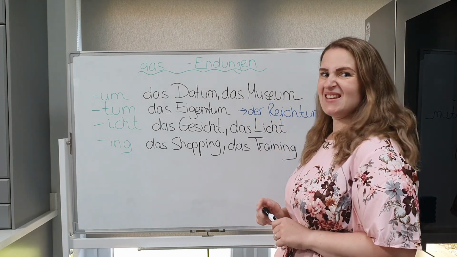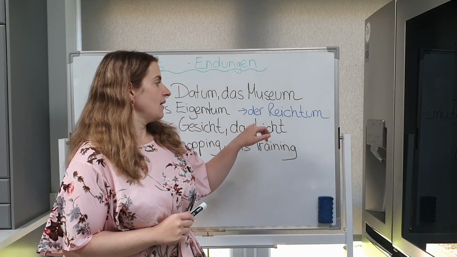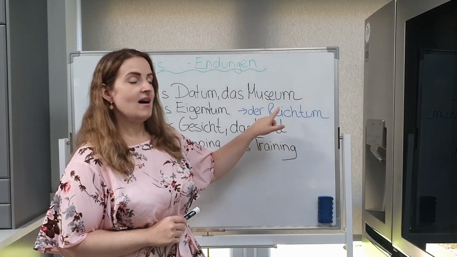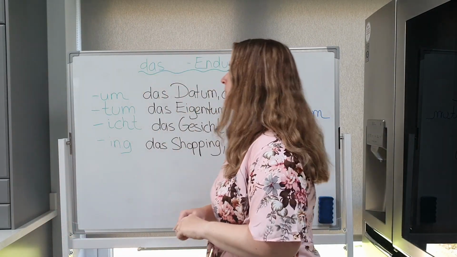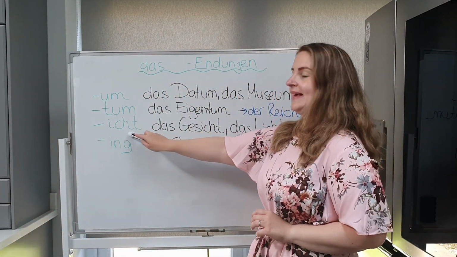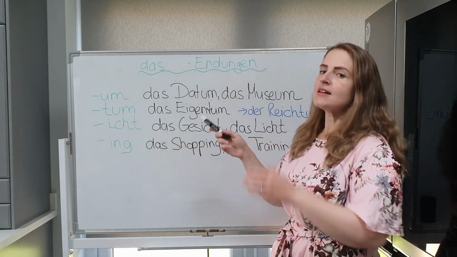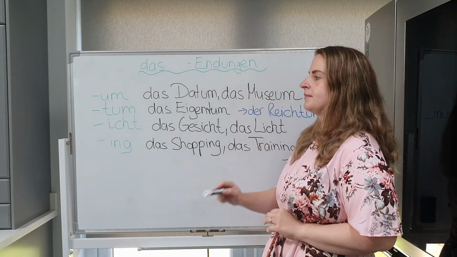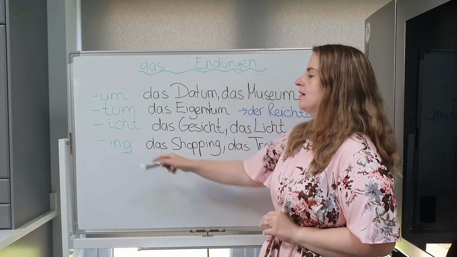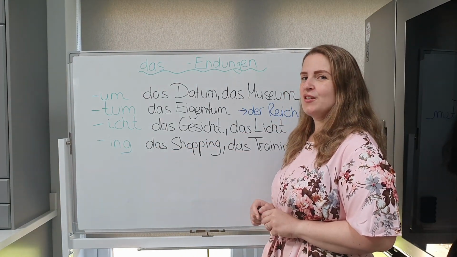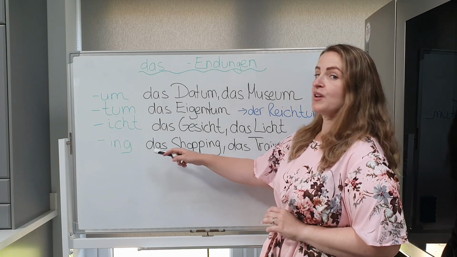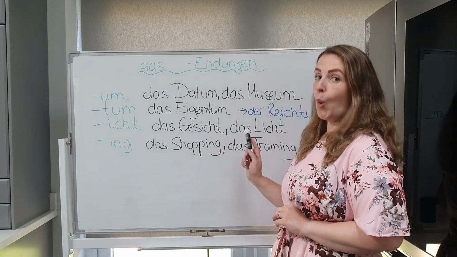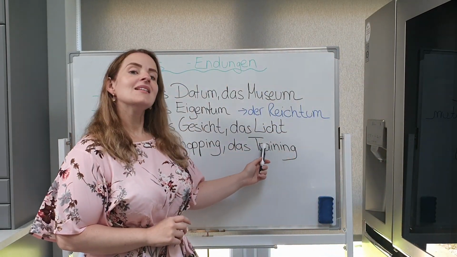But guys, watch out, there's another exception in this one, because you would say der Reichtum, the wealth. Nouns ending with -icht, das Gesicht, the face, das Licht, the light. And nouns ending with -ing. That means we took some words that are actually from the English language and put them into our German language, using das Shopping, for example, or das Training.